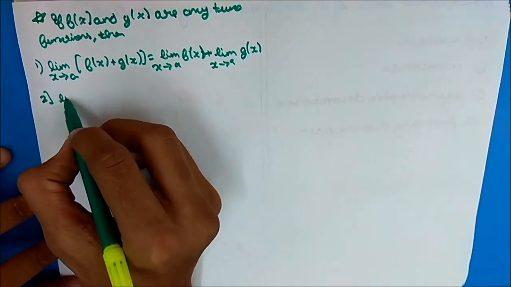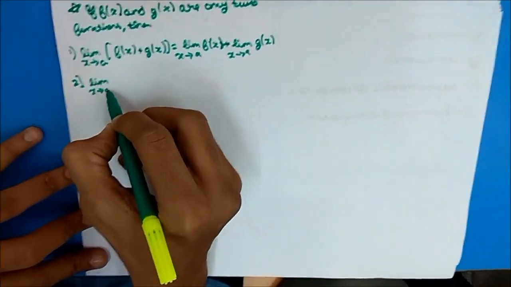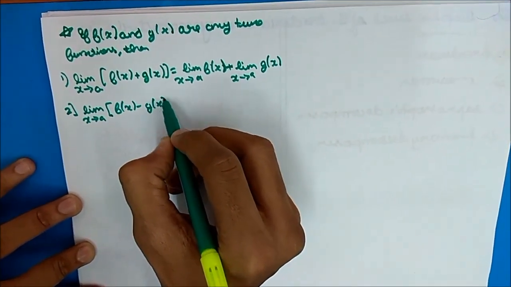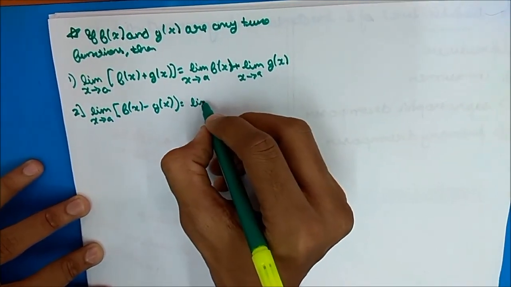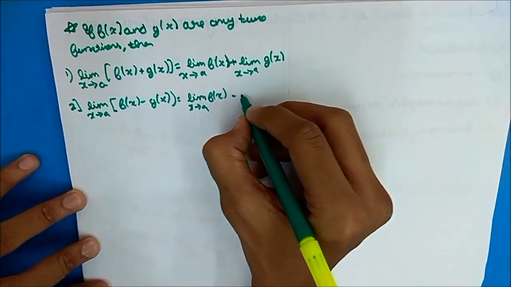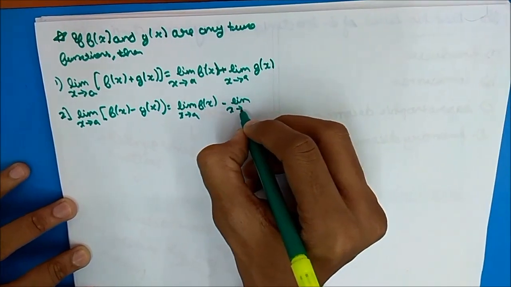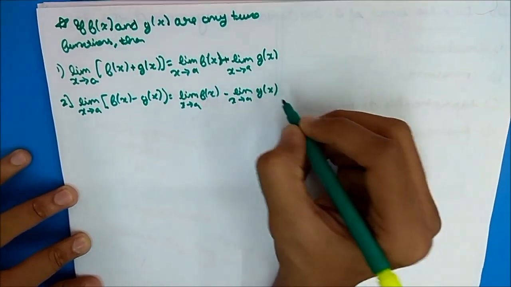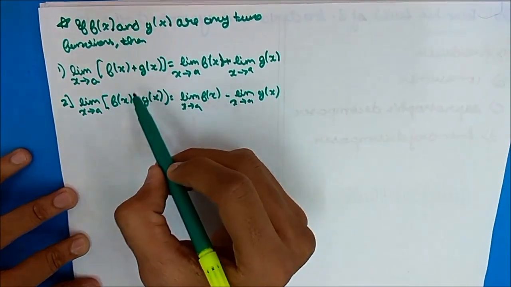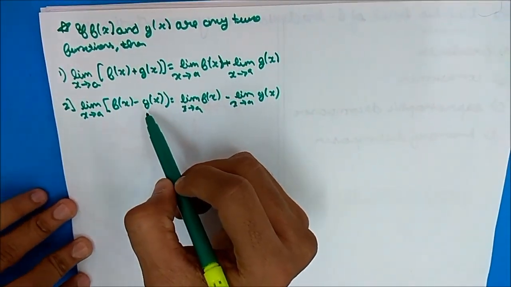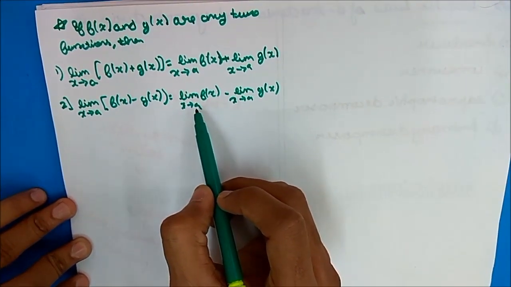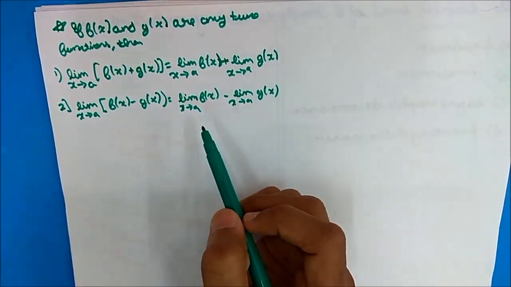Now similarly, limit x tends to a of f of x minus g of x is, in the same way, limit x tends to a f of x minus limit x tends to a g of x. In similar fashion for multiplication, limit of f of x into g of x will be limit x tends to a f of x into limit x tends to a g of x.